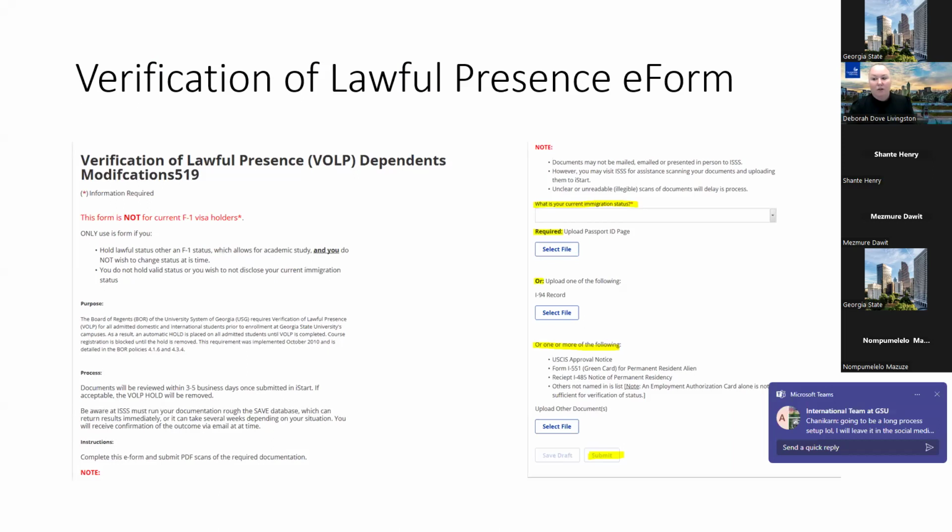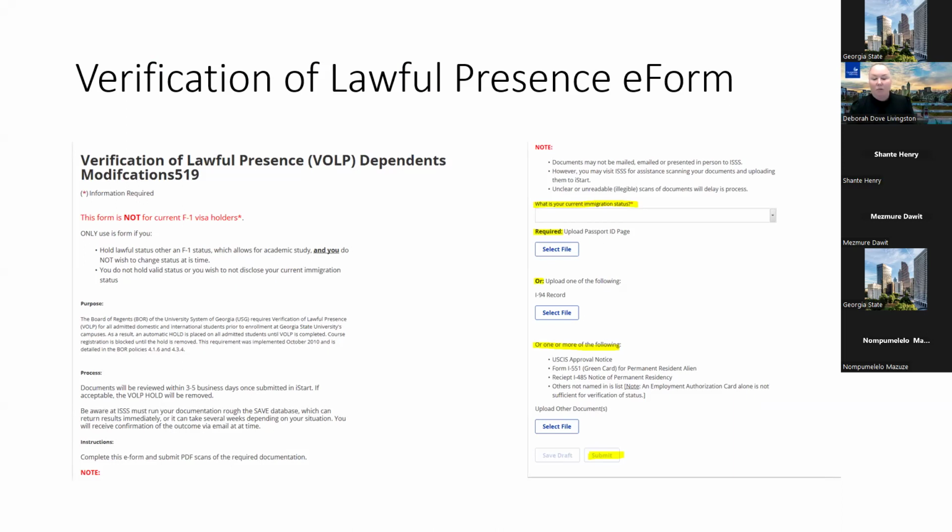This e-form should not be submitted if you hold F1 visa status. If you hold F1 visa status, you must complete the e-forms located under the request section of your iStart account.